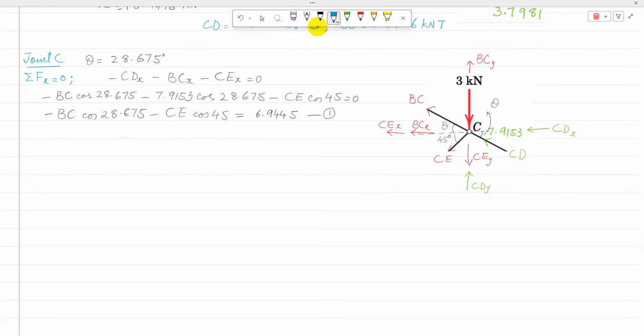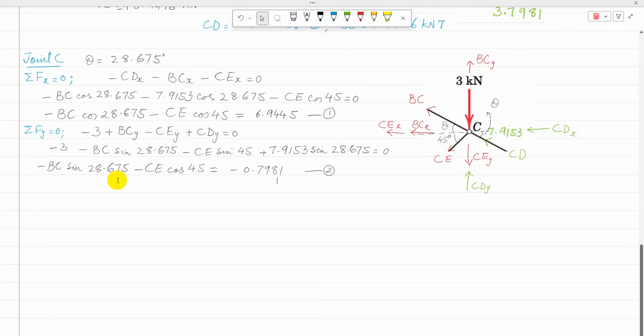So now I can apply sigma Fy equal to 0. The 3 kilonewton load acts downward, so minus 3, and then BCY is upward, so that is BCY, and then CEY acts in the downward direction, so that is negative, and CDY acts in the upward direction. So all these components can be computed.